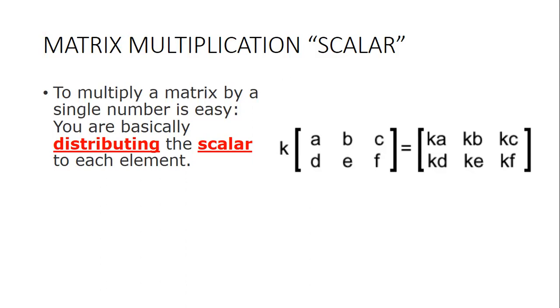In regular algebra, you have a coefficient outside of your parenthesis that you distribute, correct? In matrices, you have what's called a scalar outside of your matrix that you distribute to each element of the matrix. And then you just simplify. How do we feel? Can we multiply?